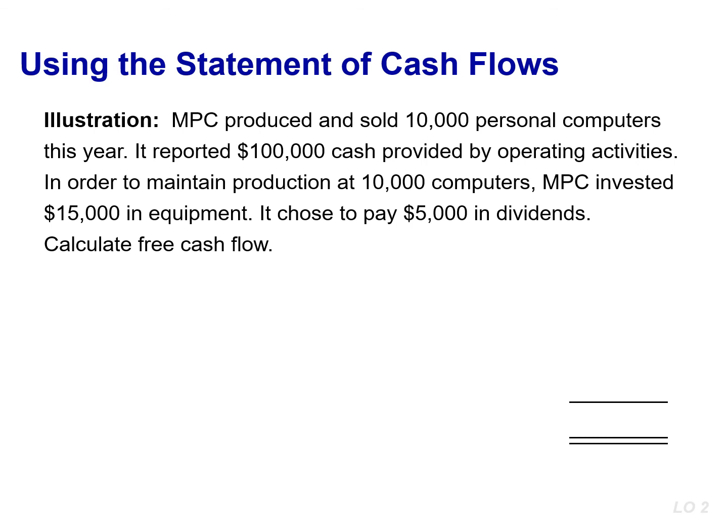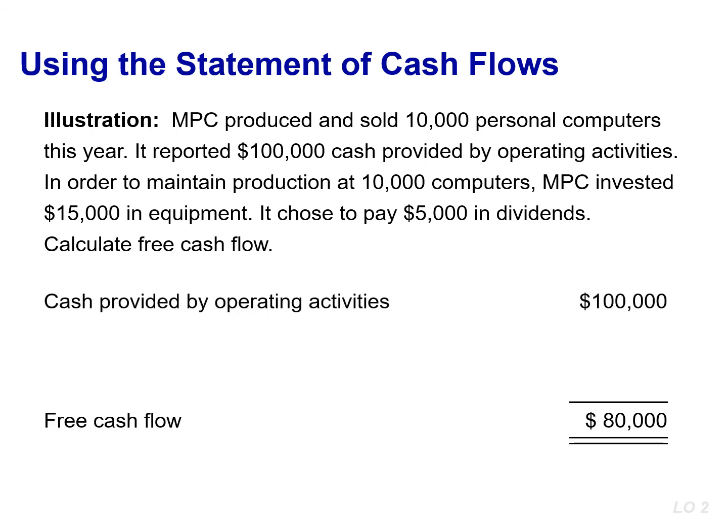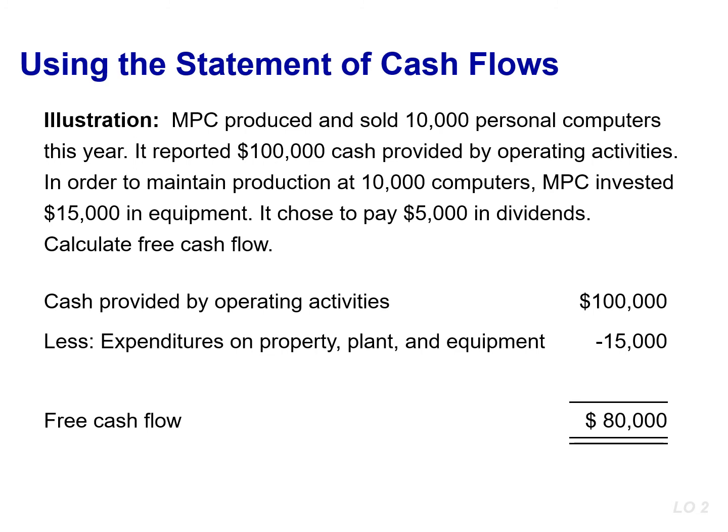Its free cash flow was $80,000, and that was calculated by taking $100,000 of net cash provided by operating activities and subtracting the expenditures of $15,000 as well as the dividends of $5,000. The company could use this $80,000 to purchase new assets to expand the business, pay off debts, or increase its dividend distribution.